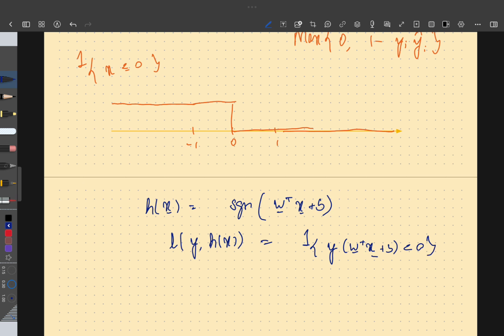If both y and w transpose x plus b have the same sign, then you classified it correctly. If they're of opposite sign, then you classified them incorrectly.